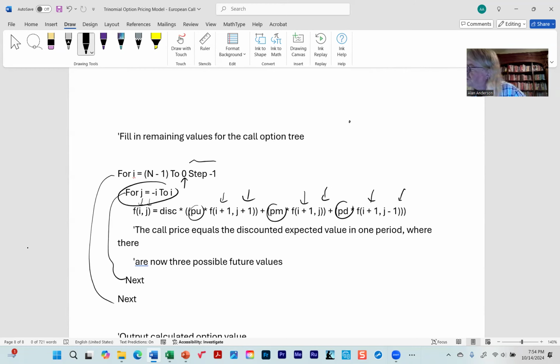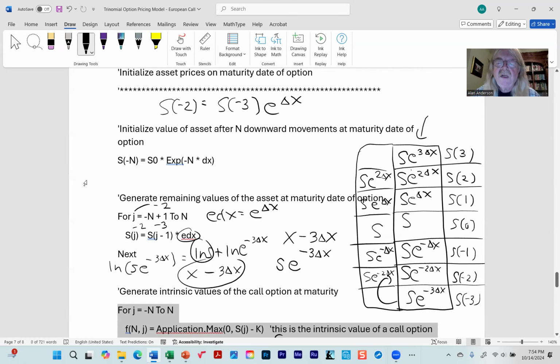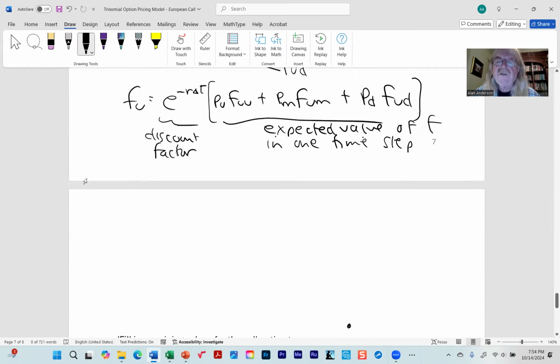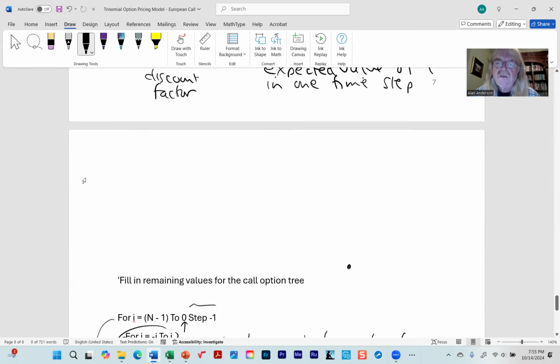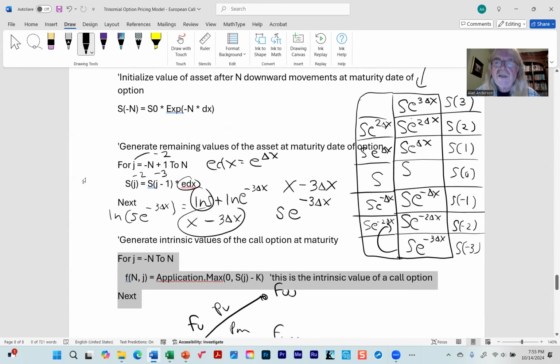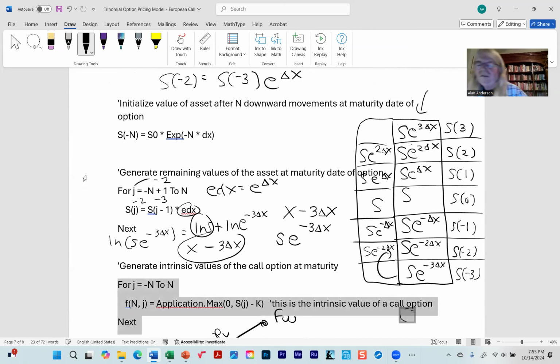let's say we're at time step 3. Let's go look at the actual picture we had up here. The range of possible values, like here, I equals 3.